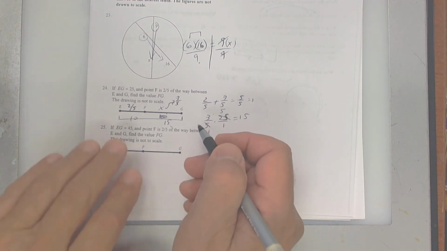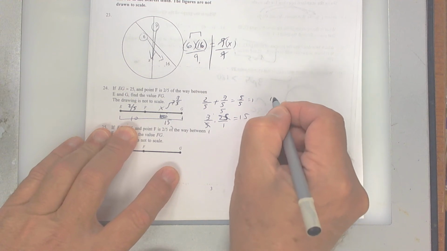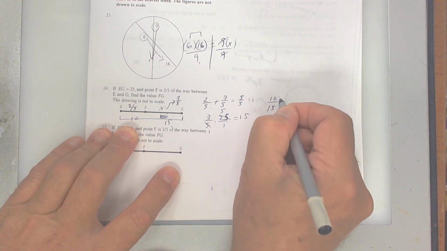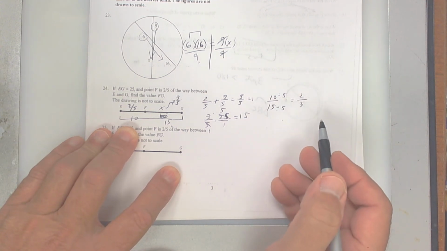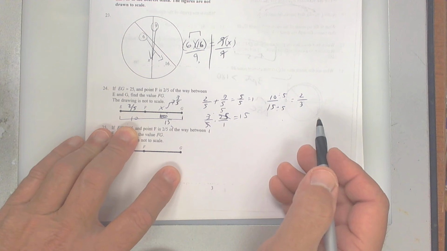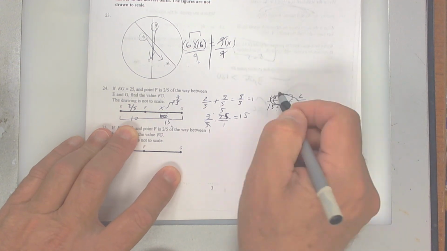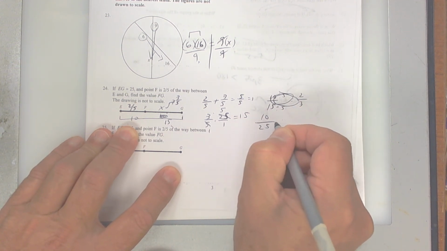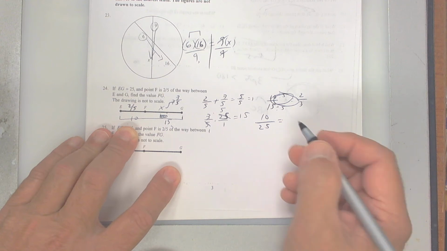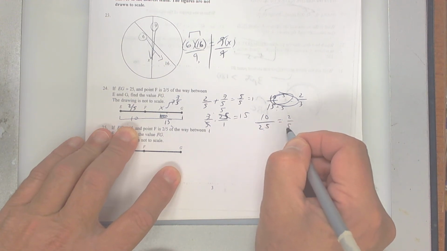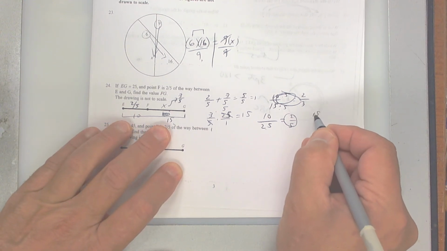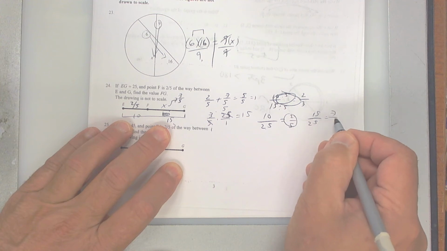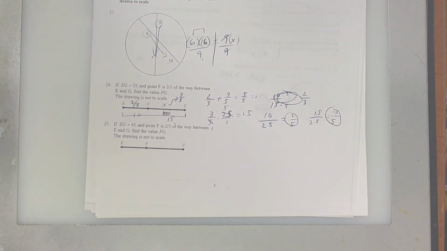To check it, actually, it would be 10 over the whole thing, which is 25. 5 goes into that 2, 5 goes into that 5. That gives you 2/5. And if you take 15 over the whole thing, which is 25, you get 3/5, which is, bam, the answer.